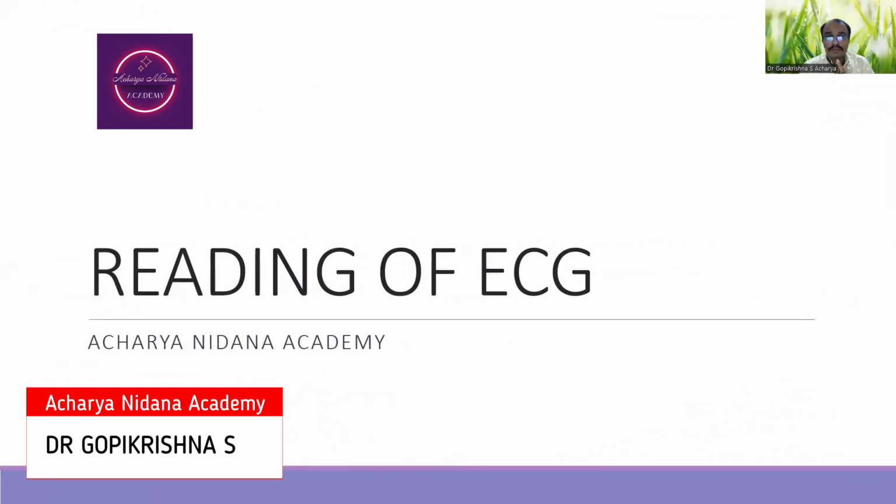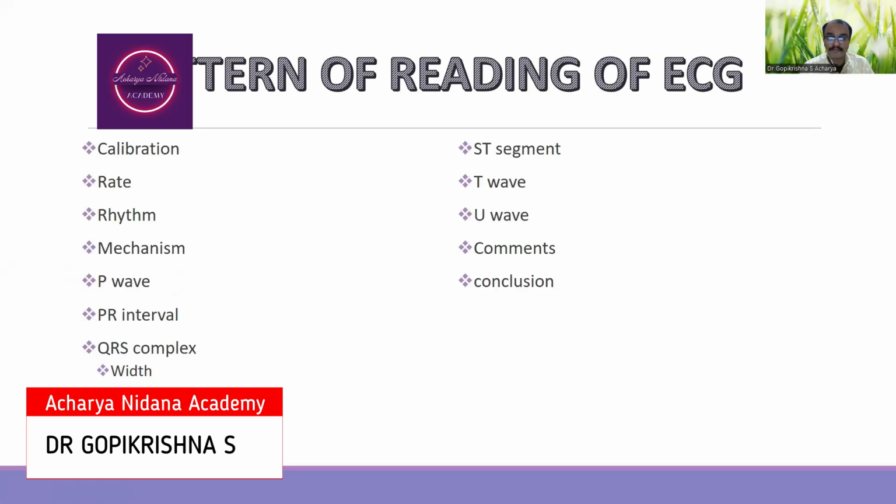When you document the electrocardiogram, that is, the reading of the electrocardiogram, the following points are going to be considered: calibration, rate, rhythm, mechanism, P wave, PR interval, QRS complex, that is width, axis and configuration, ST segment, T wave.